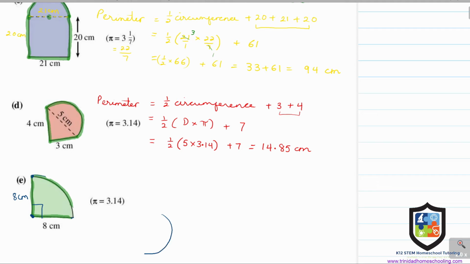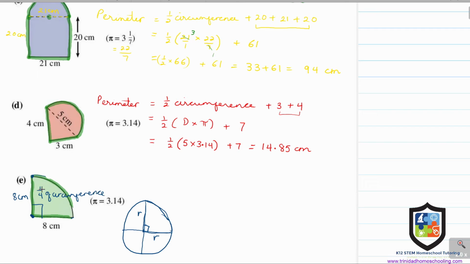Okay, so if I were to split a circle like this, my 90-degree angle is formed between two radii and the circumference. Okay, it's formed here. So this is actually a quarter of the circumference.